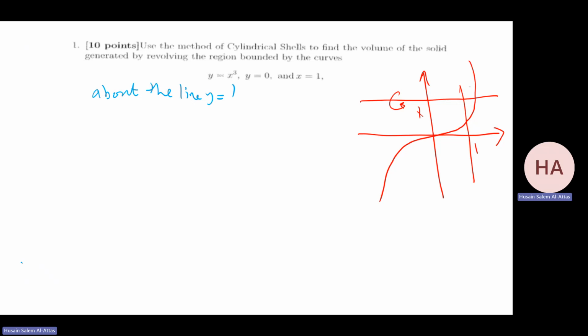Okay, so I'll do my line parallel to the axis of revolution, like this. So I need to write everything in terms of y. This one will give me x equal y to the power 1 over 3. So h of y would be 1 minus y to the power 1 over 3. And b of y, if this is y, will be 1 minus y.